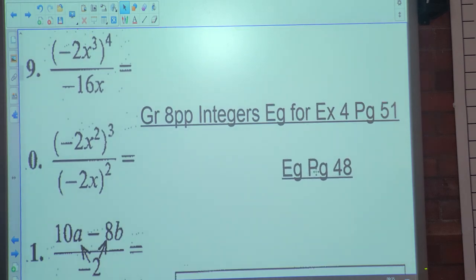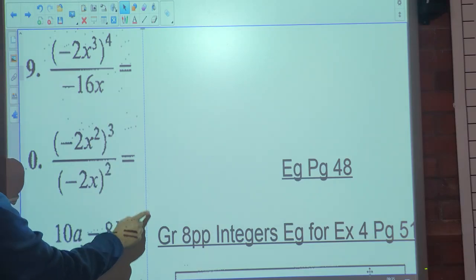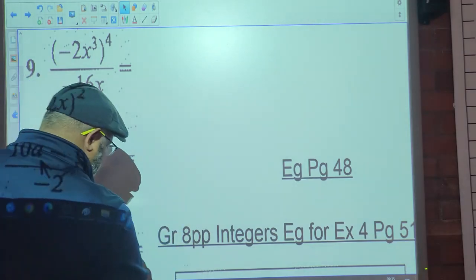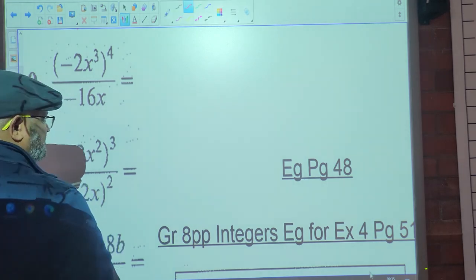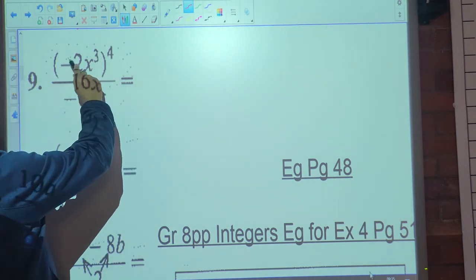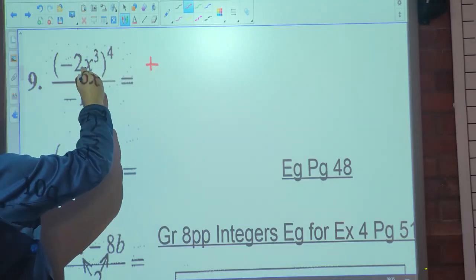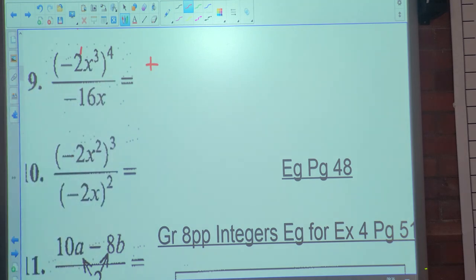Let's go to number 9. Here we have to sort out our brackets first. A mistake that many of you made when you were busy with that worksheet. What's negative to an even exponent? Positive. There's a 1 there. So this will be 2 to the 1 times 4 is 4. So it's 2 to the 4. And 2 to the exponent 4 is 16. How do we get that?